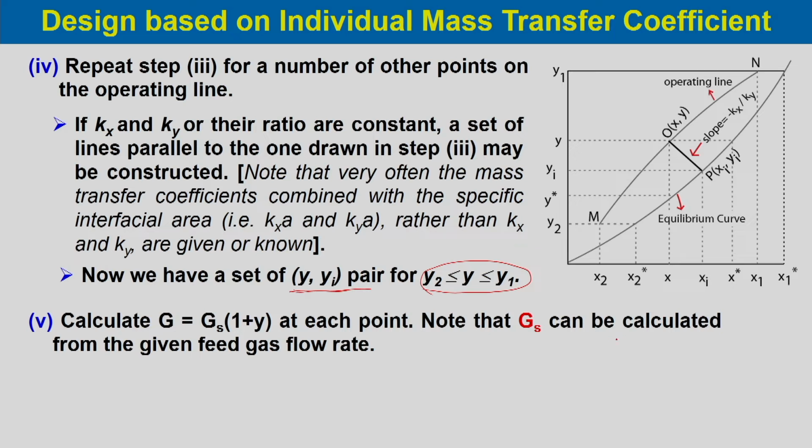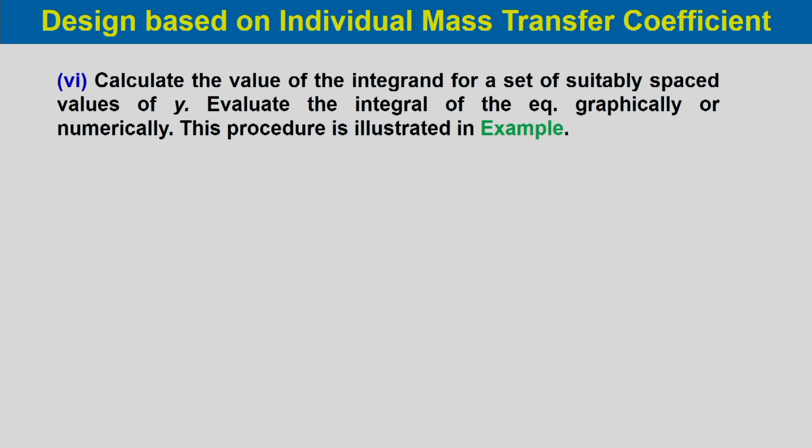Note that Gs can be calculated from the given feed gas flow rate. Now, calculate the values of the integrand for a set of suitably spaced values of y, then evaluate the integral for the equation graphically or numerically, and this procedure will be illustrated later in an example. So, we will see how to calculate that.